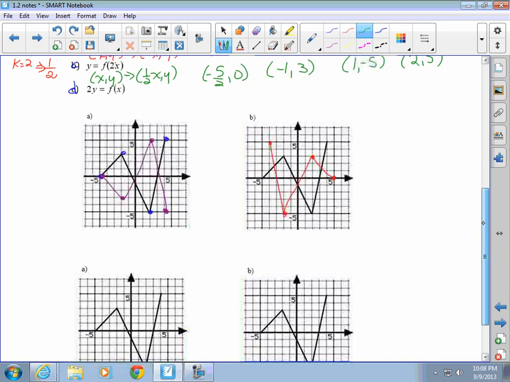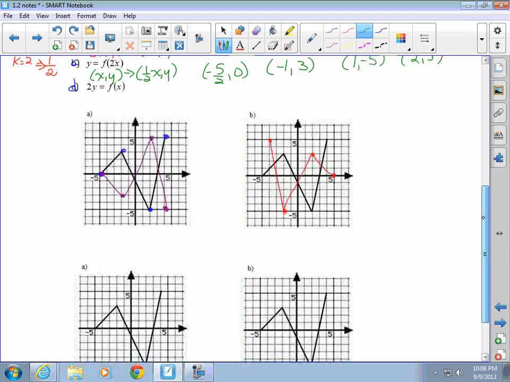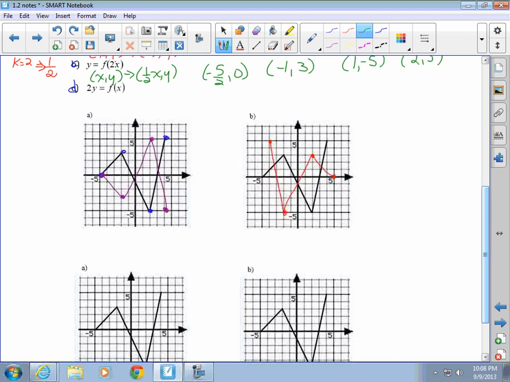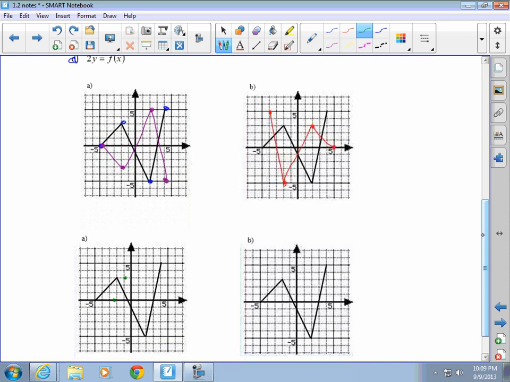Okay, so if I plot those, am I going to be able to see them? Negative 5 halves, that's the same as negative 2.5. So negative 2.5 and 0. And then I go to negative 1 and positive 3. 1 and negative 5.